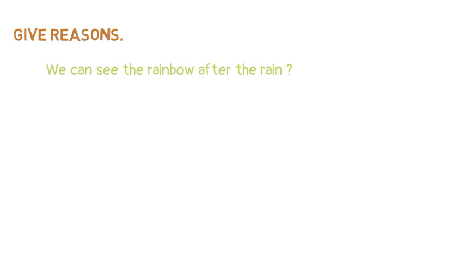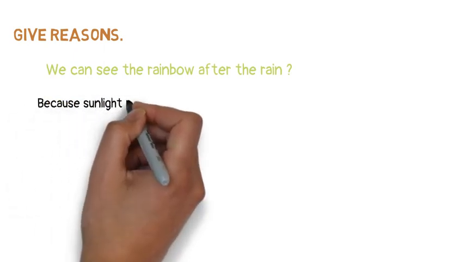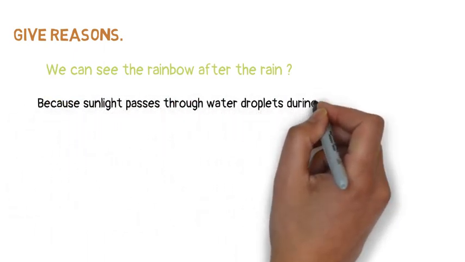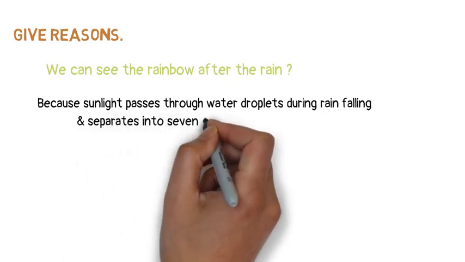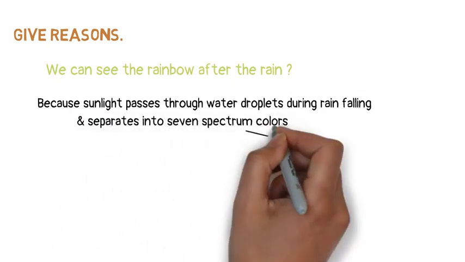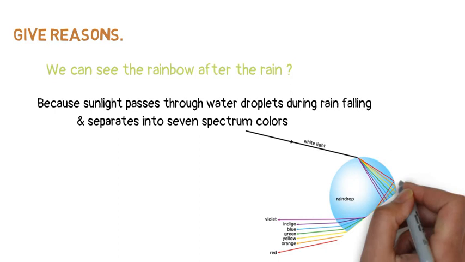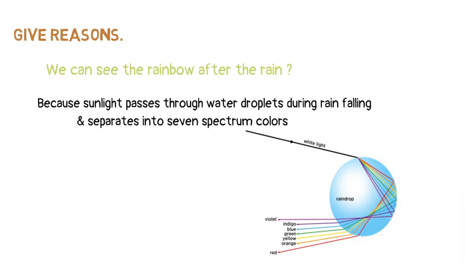The rainbow is a colorful, beautiful phenomenon. We see it in the sky after the rainfall when the sun rises. What happens in this phenomenon? When it rains, the drops of water act as the glass prism that separates the white light into 7 spectrum colors, and this is the reason for the formation of the rainbow.